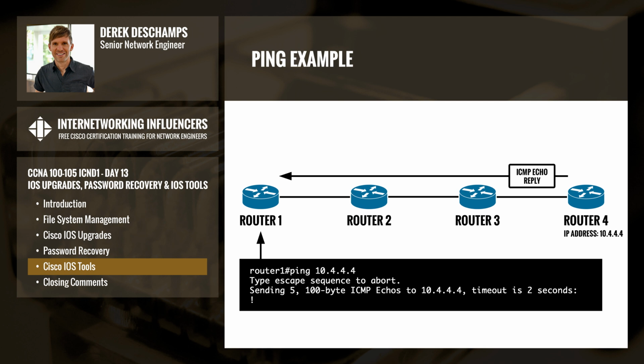When router 1 receives the ICMP echo reply, the attempt would be considered a success, and connectivity would be confirmed. If router 1 did not receive a reply before a default of 2 seconds have passed, router 4 would be considered unreachable.